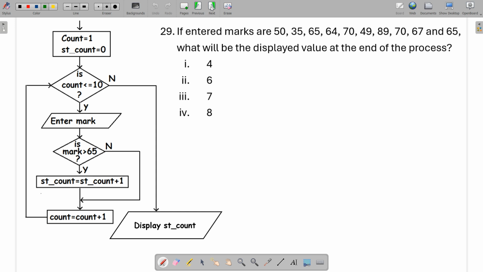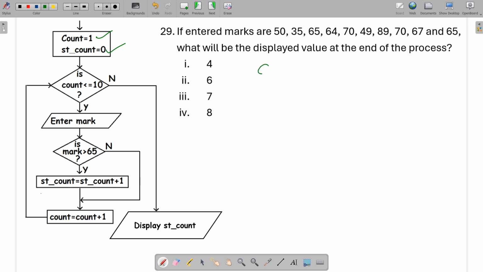Twenty-ninth is talking about the entered marks 50, 35, 65, they have given a particular list, and asks what will be the displayed value at the end of the process. So let's hand trace it and see how it's going to happen. At the beginning of the flow chart, it says count equals 1 and st_count equals 0.